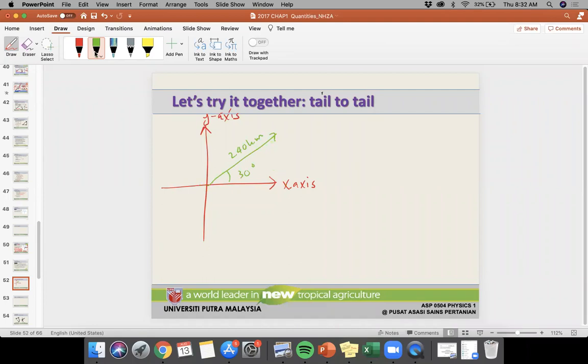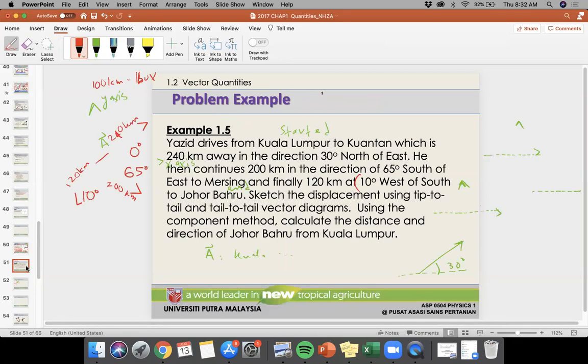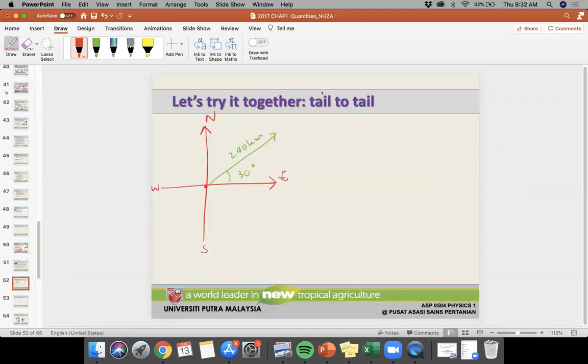Oh, sorry, this is not the x-axis. This is the north and the east, west, and south. So 65 south of east.